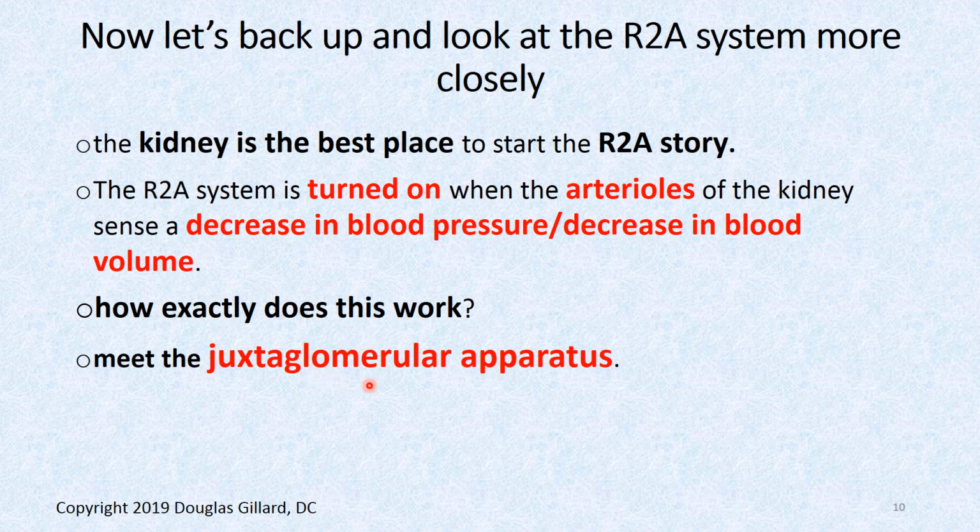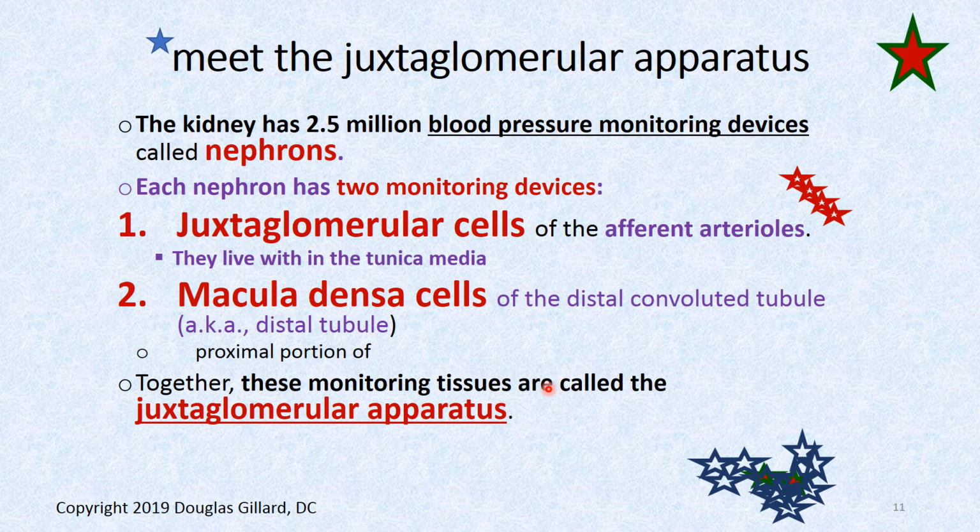Be careful, the juxtaglomerular apparatus contains two players, right? Let's check it out. The kidney has 2.5 million little blood pressure sensing devices in each nephron. Who are they? Juxtaglomerular apparatus.